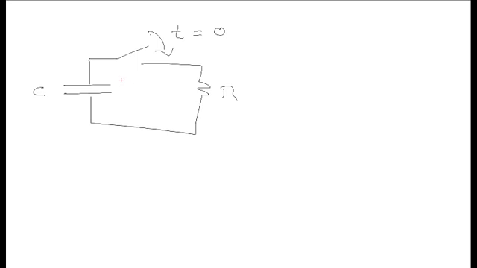And finally, we assume that initially our capacitor is charged to some voltage. So, what does this look like? We assume that the initial voltage Vc at 0 is some voltage V0. And now our question is, what is Vc as a function of time?